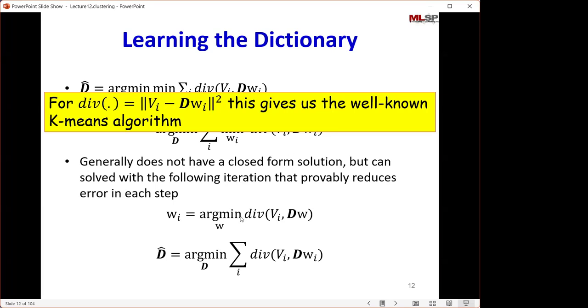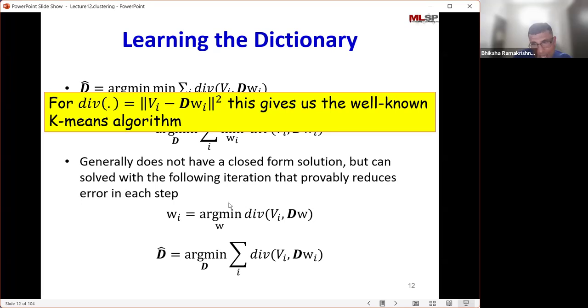Right. And so this step over here is literally selecting the best dictionary entry for every training data instance. And there's going to be a corresponding weight vector, which is one hot.